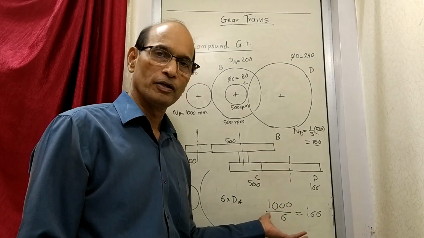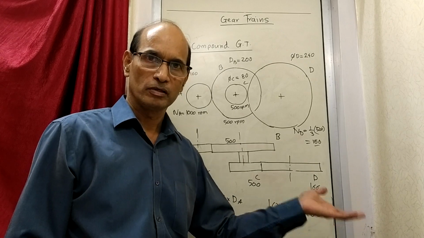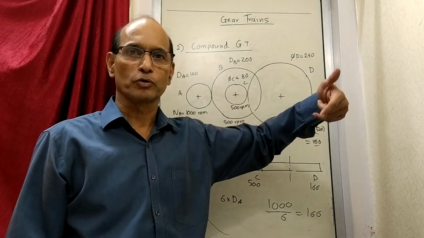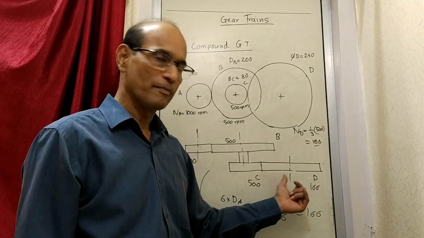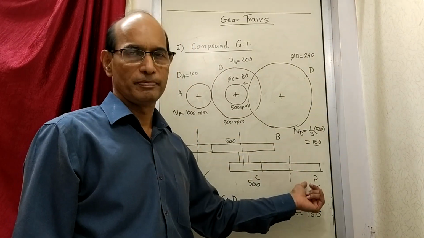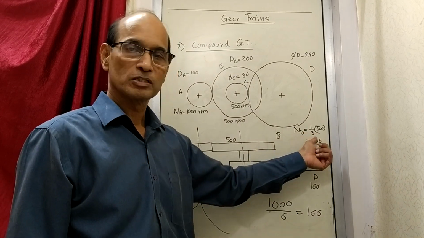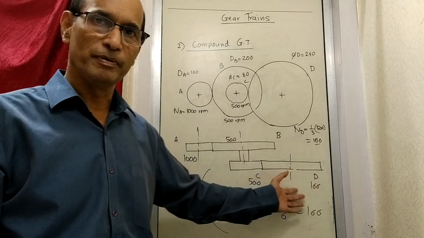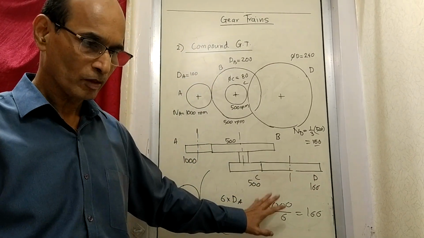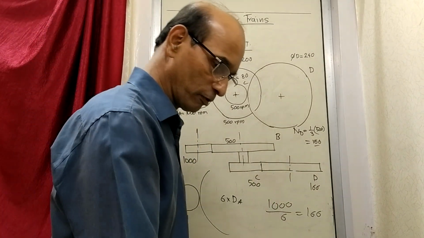Then the ratio of speeds, you know how to find out. The ratio of speed is inversely proportional to diameter or teeth. So here the diameter was 3 times more, so the speed has become 1/3. Like that you can find out the speeds of different gears. So it is a compound gear train, the second type of gear train.